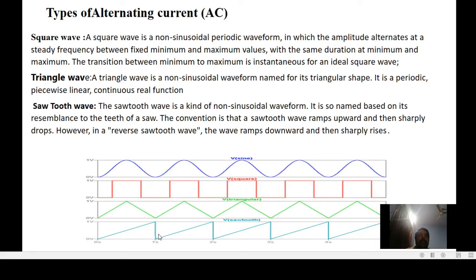It is so named based on its resemblance to the teeth of a saw. The convention is that the sawtooth wave ramps upwards and then sharply drops. In a reverse sawtooth wave, the wave ramps downwards and then sharply rises.